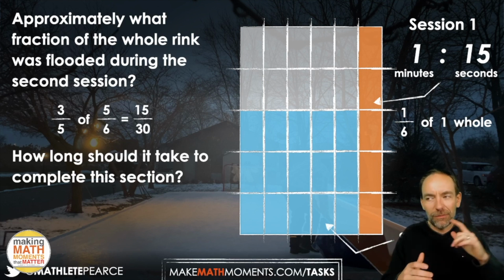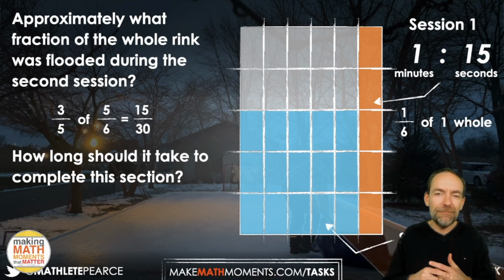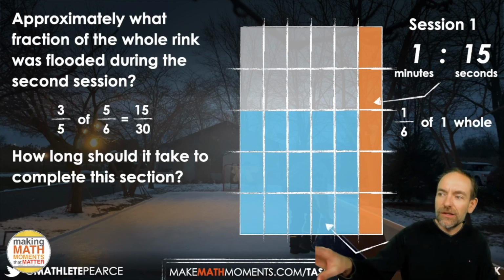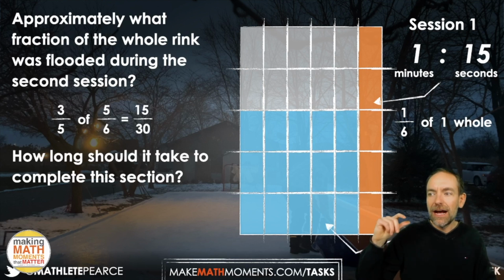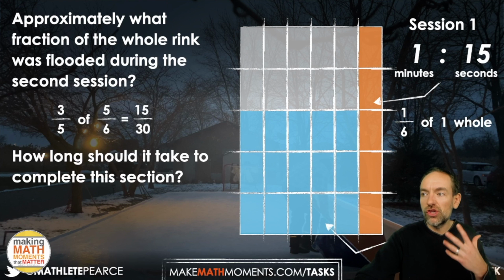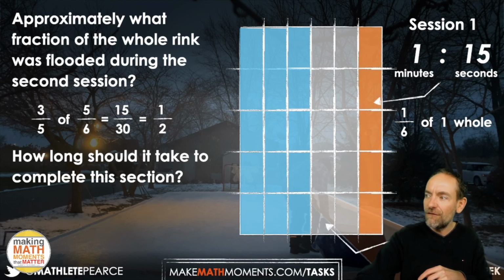I do want to, before we head out, let you in on a little secret, and maybe it's not a secret for you, but for some people it might be. We left students to ponder how long it should take to complete section number 2, which is that blue area. We already shared with students that you could see 15/30ths is the same as 1/2 by fading out that little orange spot.